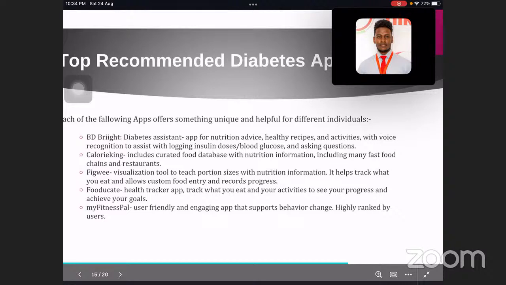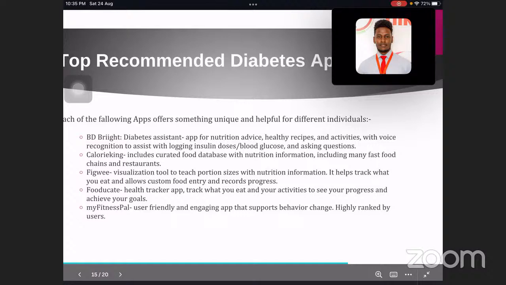The second top recommended app is Calorie King, which includes a curated food database and other nutrition information, including many fast food and restaurants.